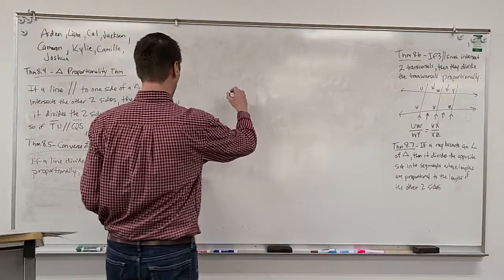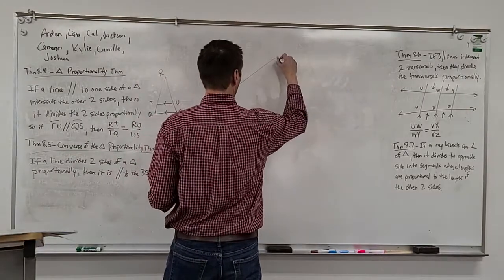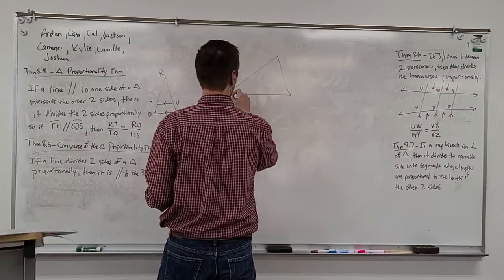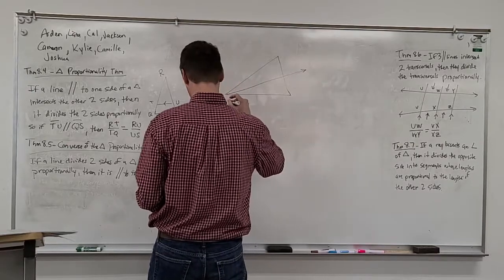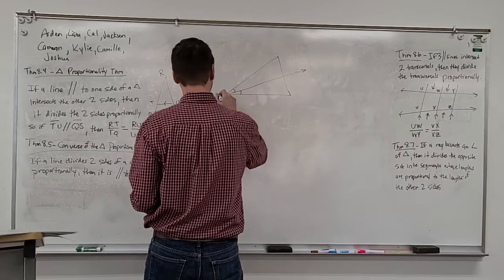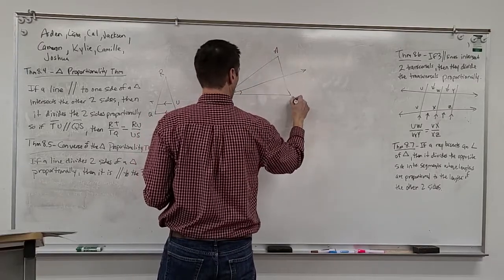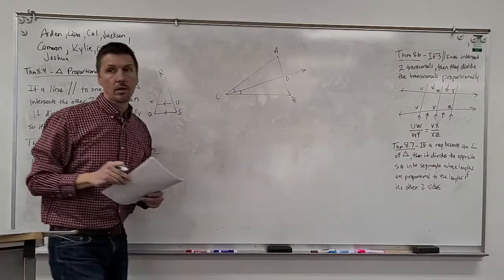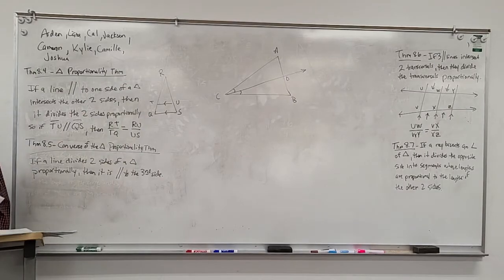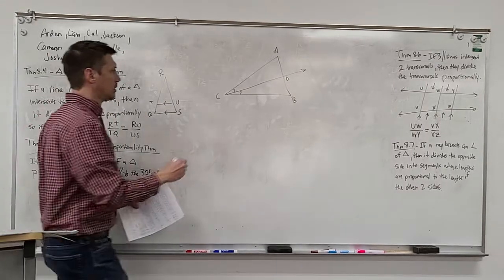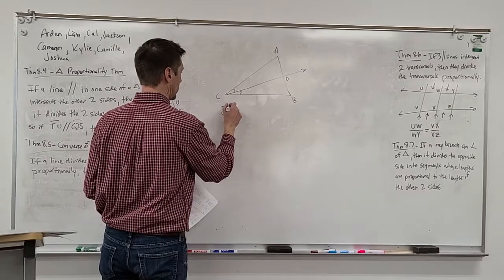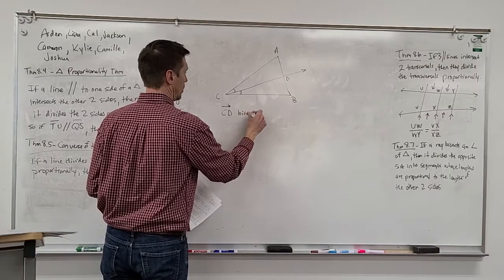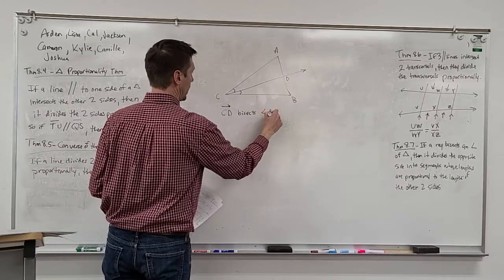I'll go ahead and draw the picture because I think the picture is the easier one to see here. So I know that ray CD bisects angle ACB.